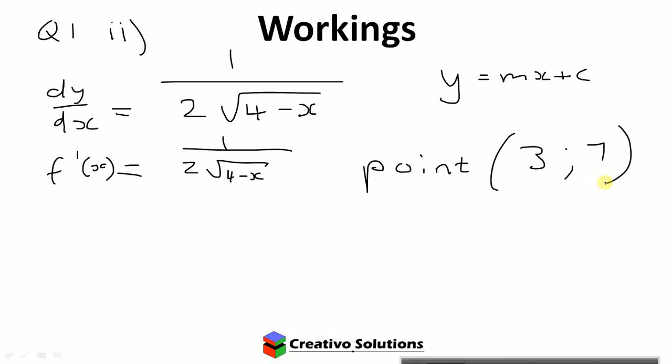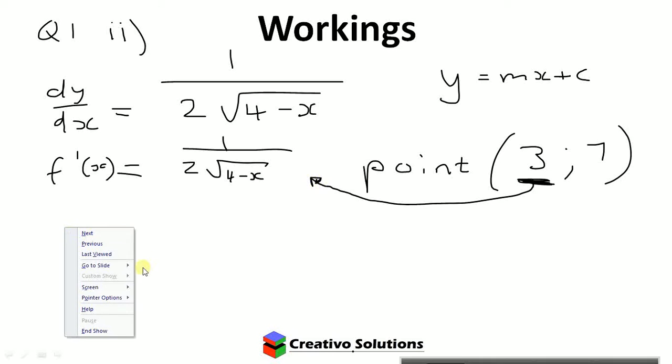Finding the gradient, tangents and normals. So we derive the function, and then we need to substitute in the 2, well, in this case, the 3. If I plug the 3 into the derivative, that gives me the m. So step number 1 is to get the m.